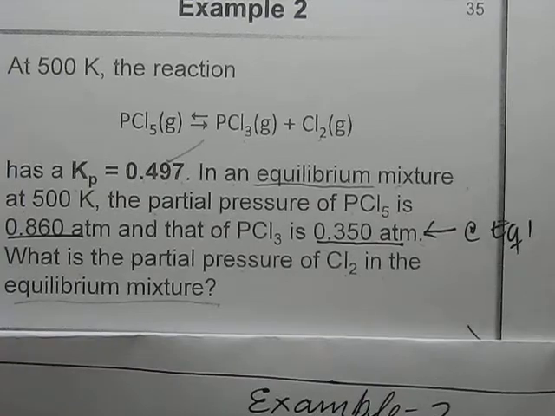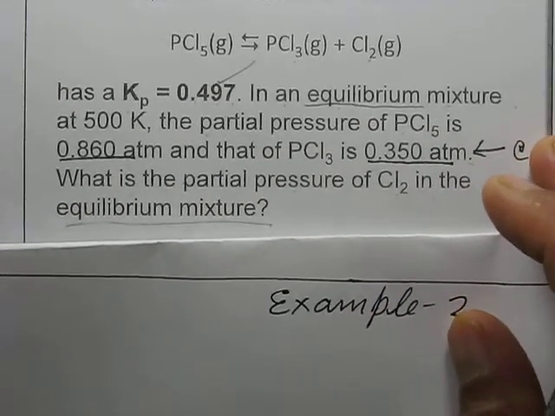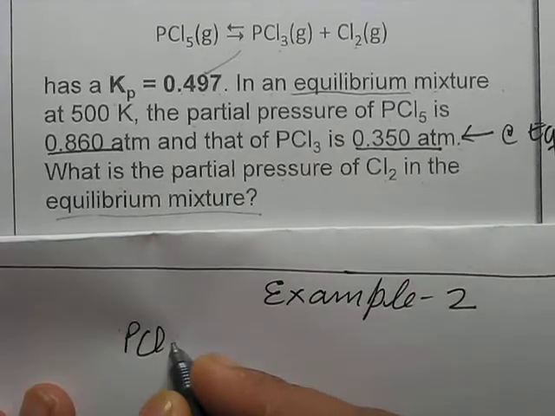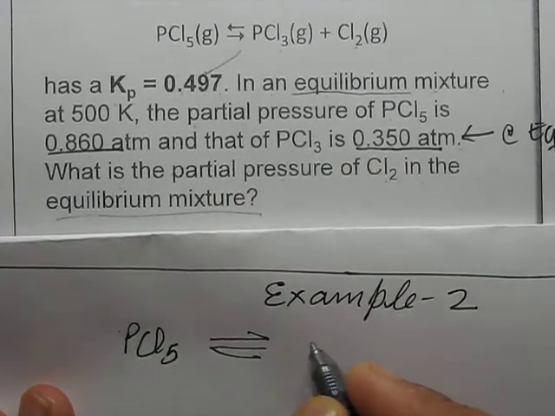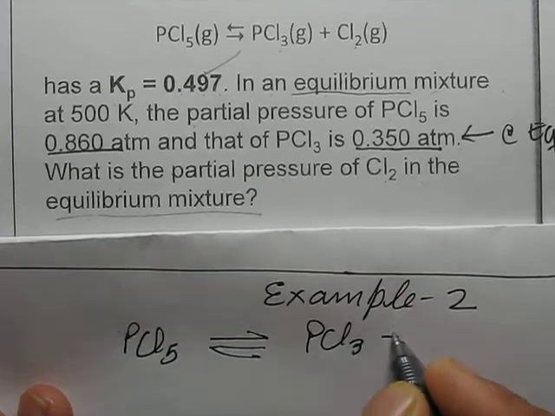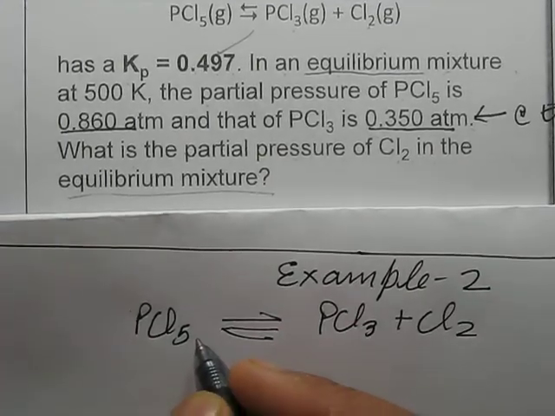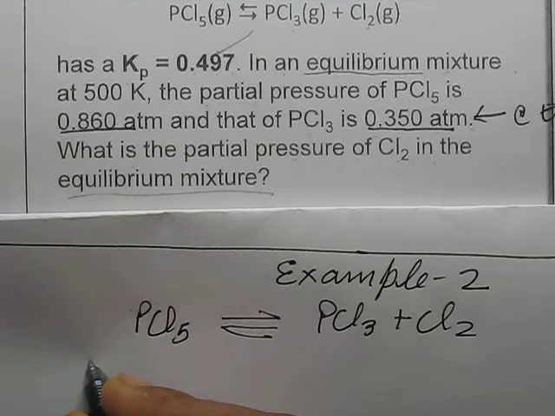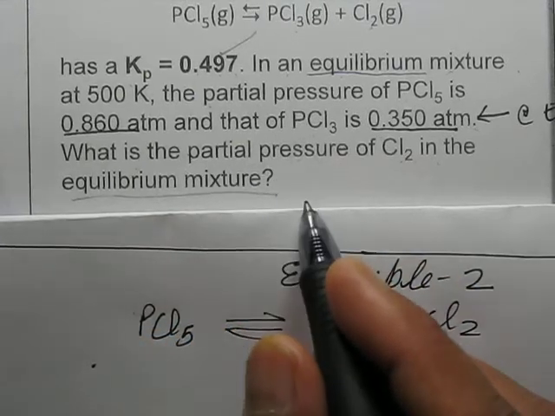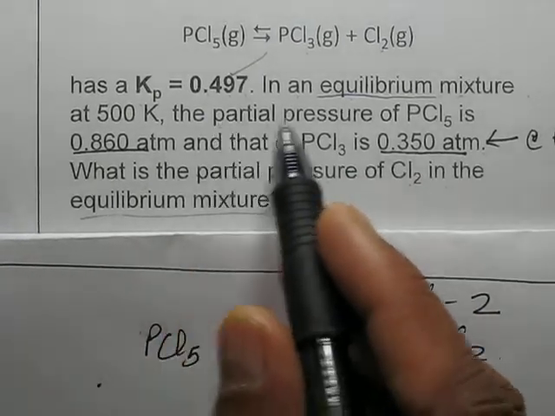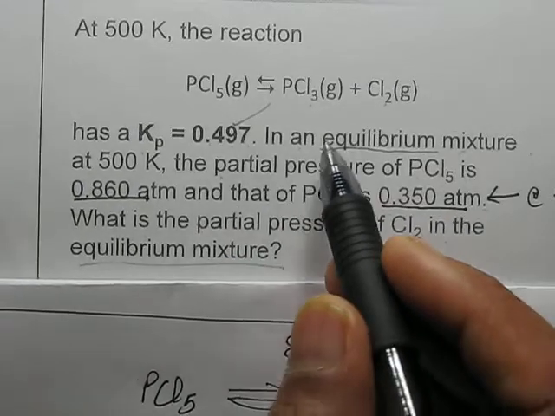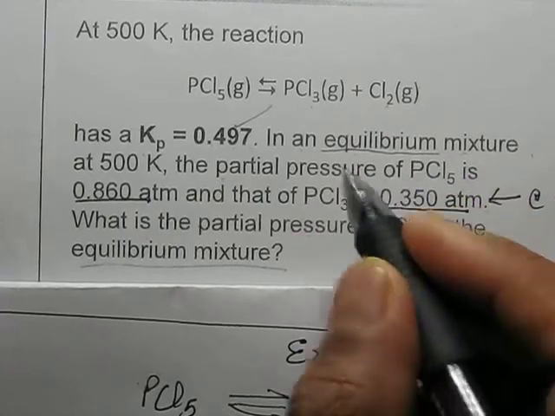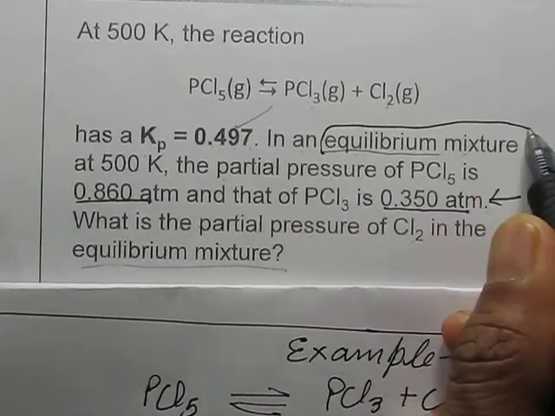So let's solve this question. PCl5 is decomposing into PCl3 plus Cl2. The partial pressures are given in an equilibrium mixture. So there is no need to make an ICE chart here, because everything is given in the equilibrium mixture.